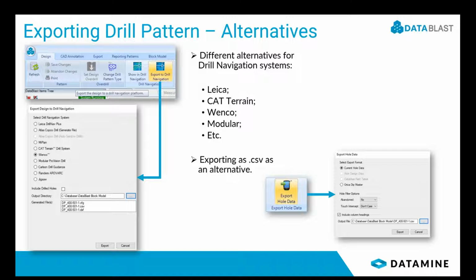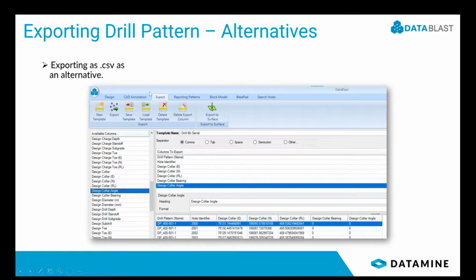Then we have some other alternatives for other drill navigation systems such as Leica, Cat-Terrain, Wenco modular, and we have the export whole data as a CSV, or we can use the export ribbon with the information we want, and we can customize this exporting. In this case here I have put the drill pattern name, the hole ID, coordinates, color, bearing, and angle.